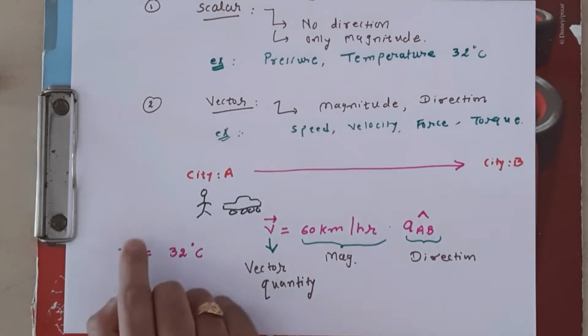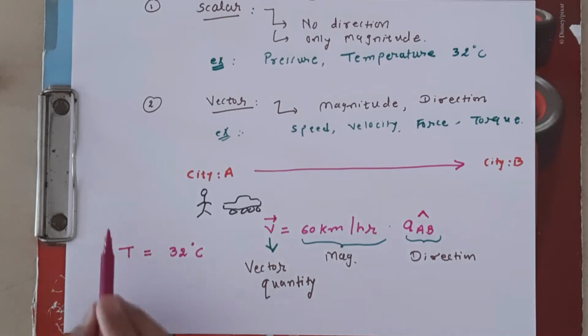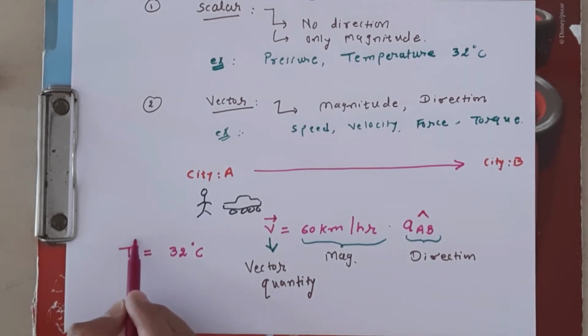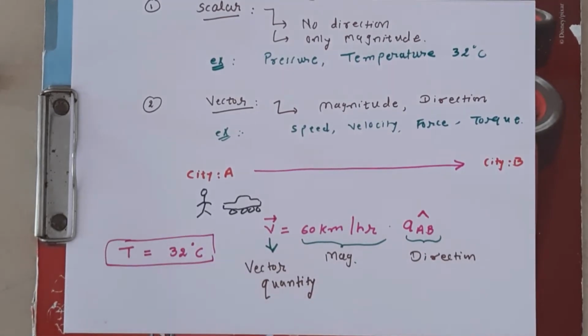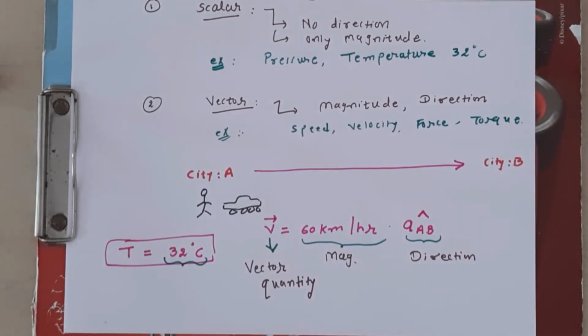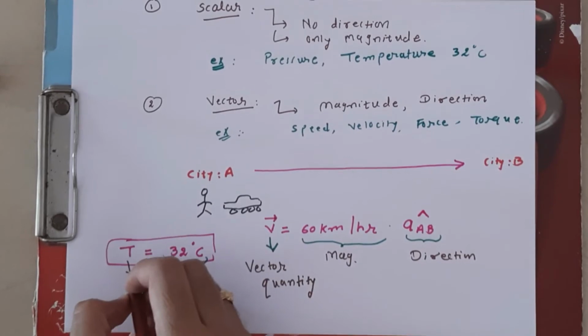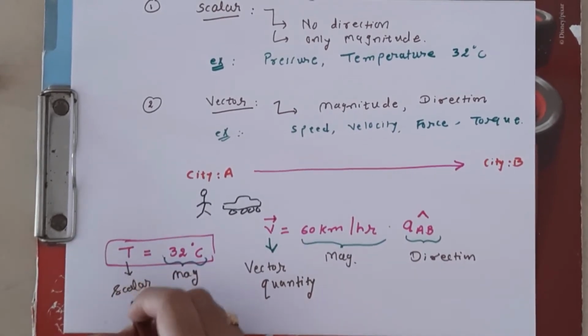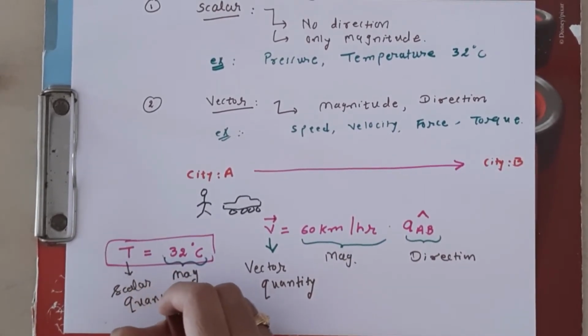So there is no need to denote the vector sign here. This scalar quantity has only magnitude, which is 32 degrees Celsius. That is why T is a scalar quantity. Clear? So this is the simple difference between vector and scalar quantity.